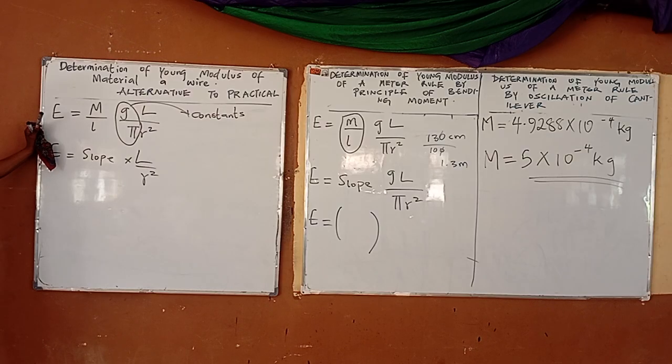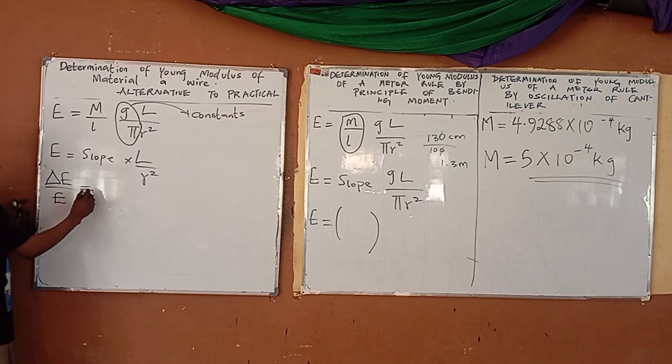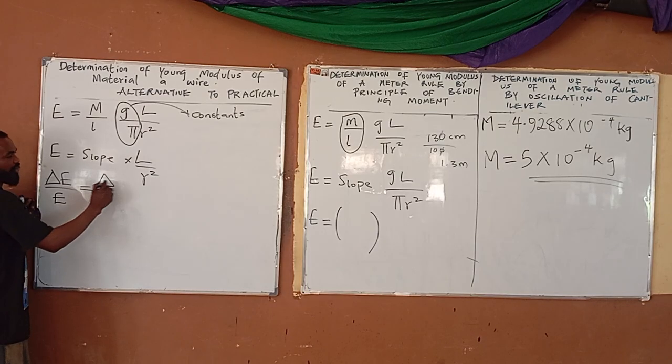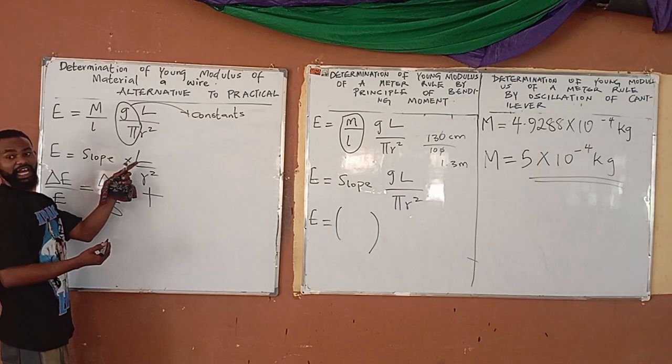So if I've gotten this, it simply means that what I'll be doing here, I can do this in 2 ways, and it's easy. Please identify your slope. You will simply now use change, that is change in E over E will be equals to change in slope over slope plus, notice here, this is L, Shebi.